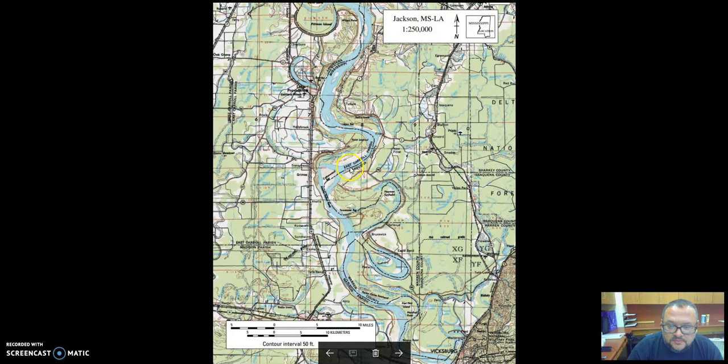It's also the boundary between East Carroll Parish and Issaquena County. It goes along here, comes down, goes over this way, down this meander, comes back up, and goes down here by Vicksburg. Okay, so that's the current boundary today.